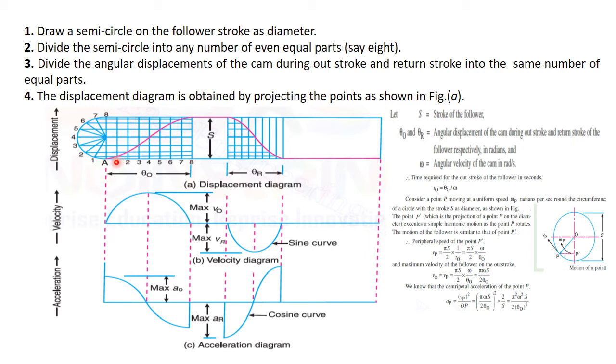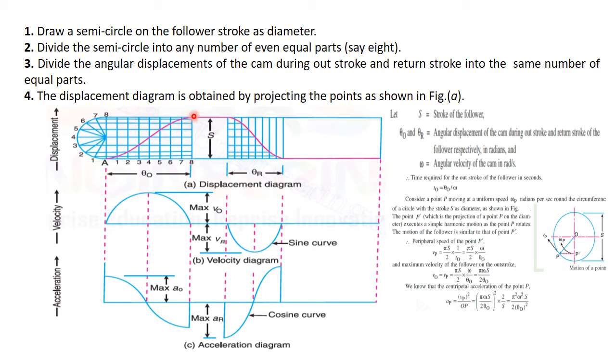It means here we represent 1, 2, 3, 4, 5, 6, 7, 8, and 1 dash, 2 dash, 3 dash, 4 dash, 5 dash, 6 dash, 7 dash, 8 dash. So we have joined the cutting points and get a curve like that.